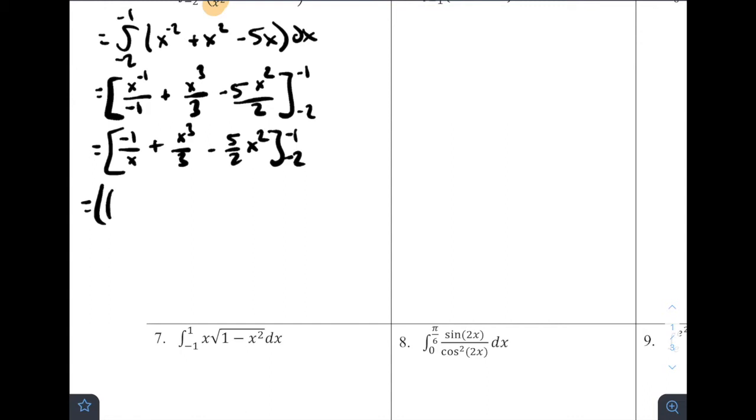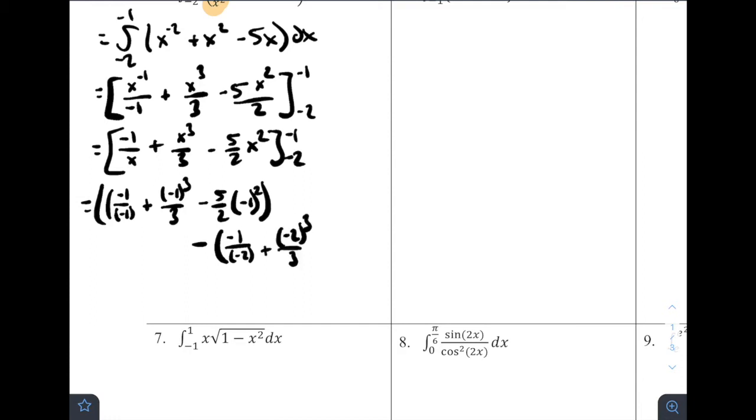So this is going to be -1 over -1 plus -1 cubed over 3 minus 5 over 2 times -1 squared. Then we need to subtract: we've got -1 over -2 plus -2 cubed over 3 minus 5 over 2 times -2 squared.